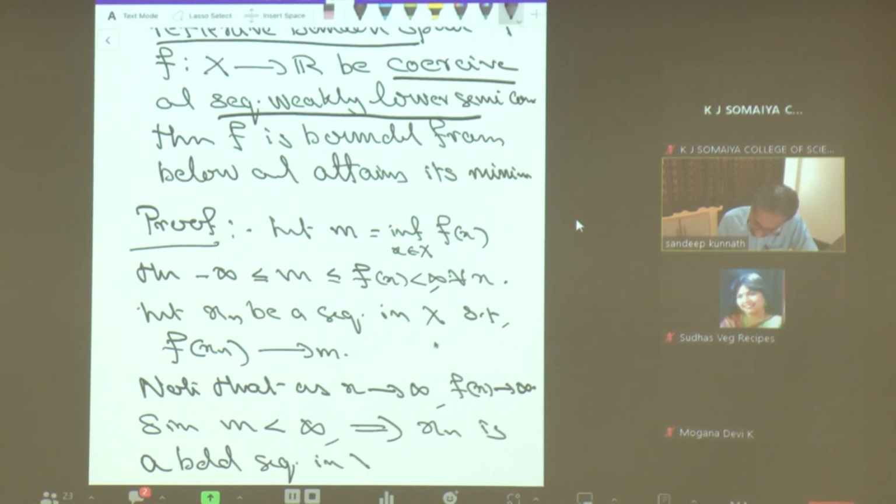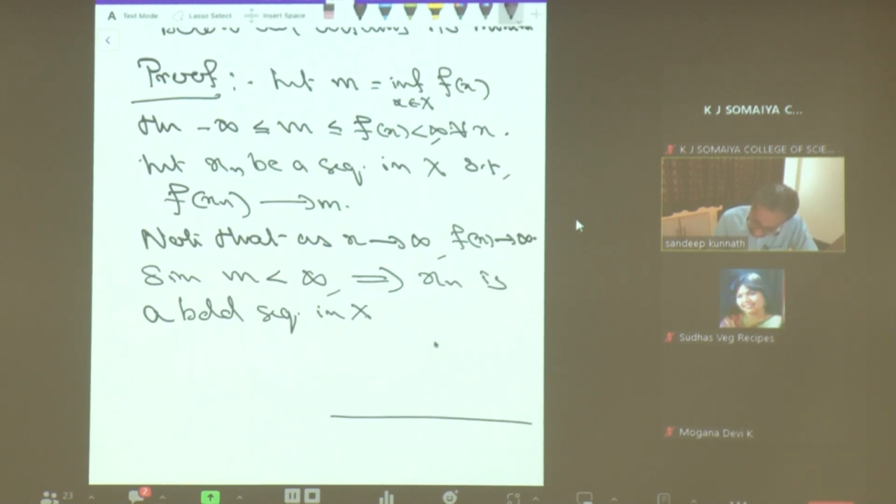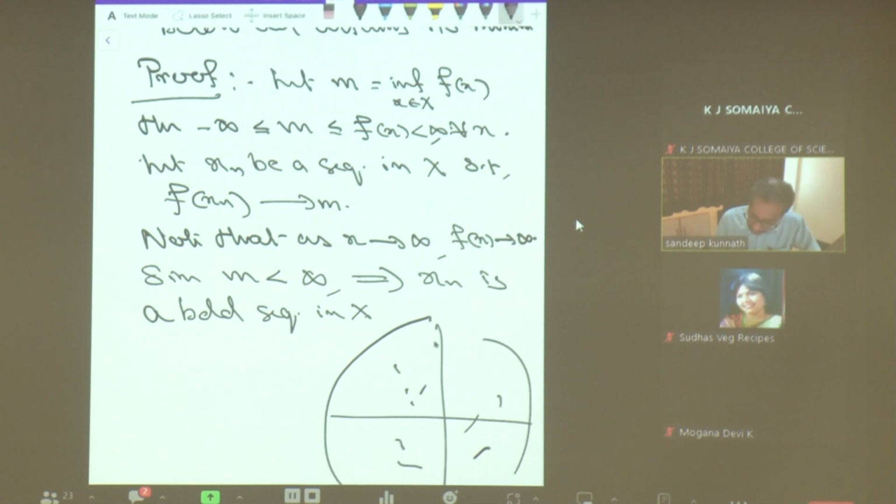In this Banach space, after a large ball, f becomes very large. So the minimizing sequence has to be trapped somewhere inside. Since when x is large, f of x goes to infinity, a minimizing sequence cannot go to infinity, so it has to be trapped in a ball. So coercivity is used to get that the minimizing sequence is bounded.